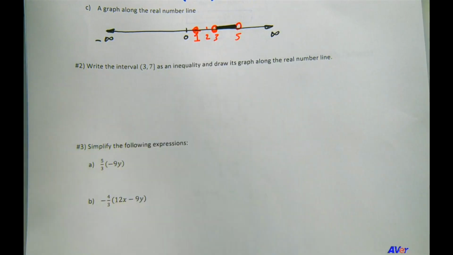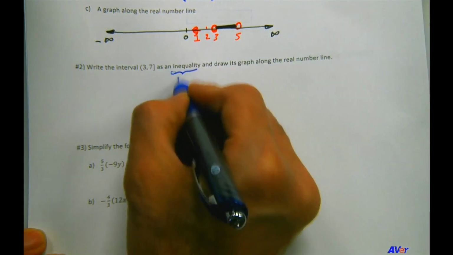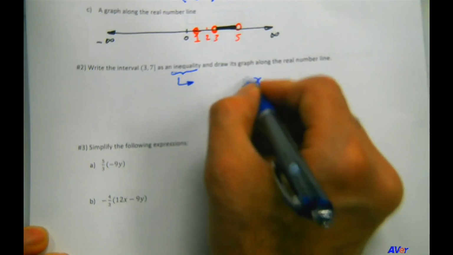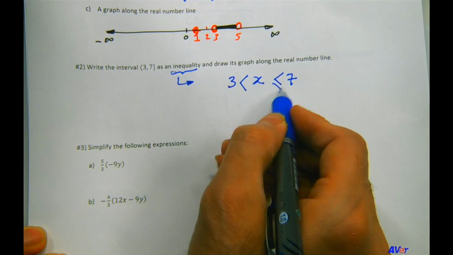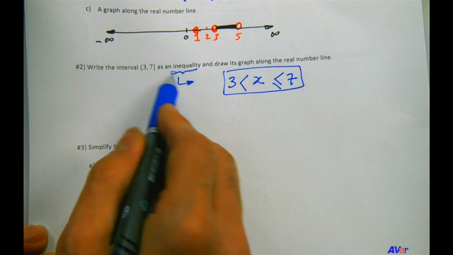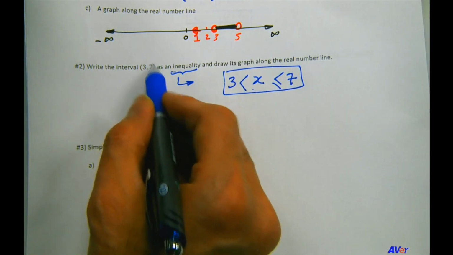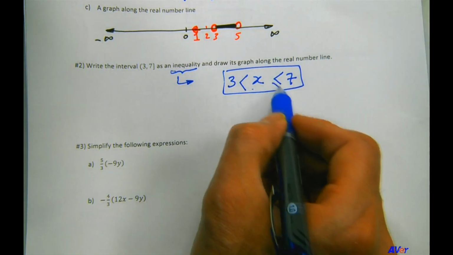Using an inequality, that would be x, some number between 3 and 7, but x can be equal to 7. So that's part of the answer. 7 is included because of the bracket next to it, so I show that with the equality symbol under it.